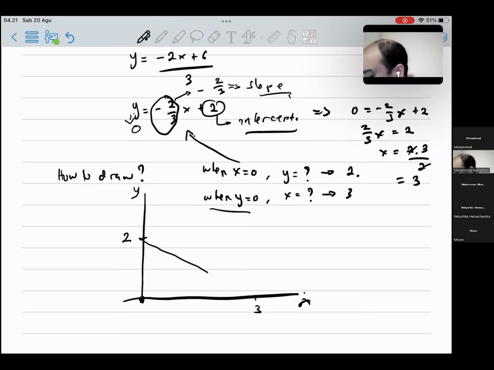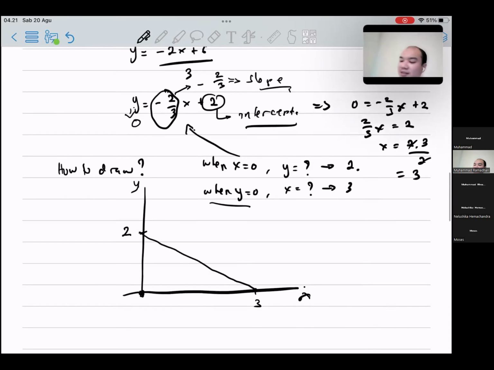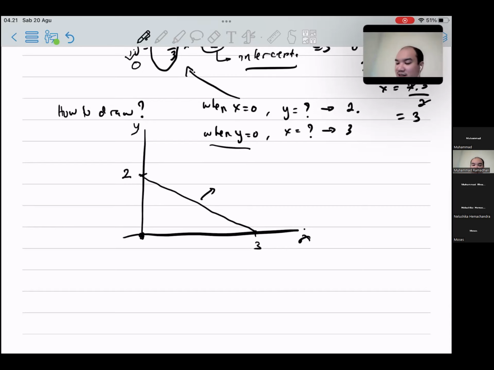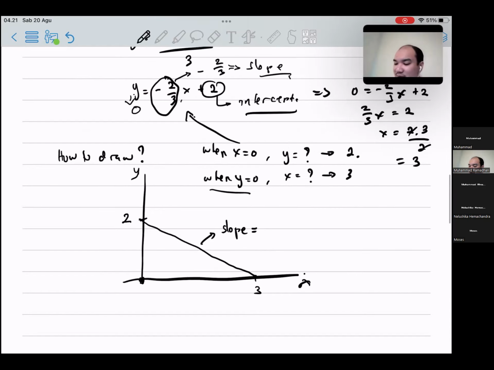So you can graph like this. This graph has slope minus 2 over 3, and the intercept is 2.